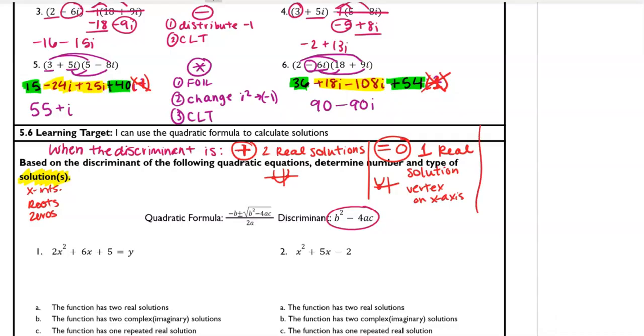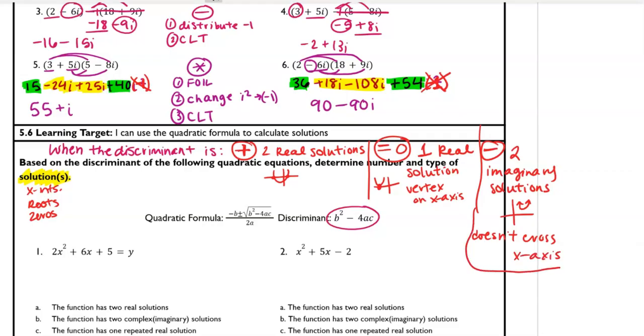And when our discriminant is a negative number, then we have two imaginary solutions, which means that our parabola will not cross the x-axis. All right. Now, I'm not writing this just for me. I'm writing this for you because this is important and you will have a test question on this.